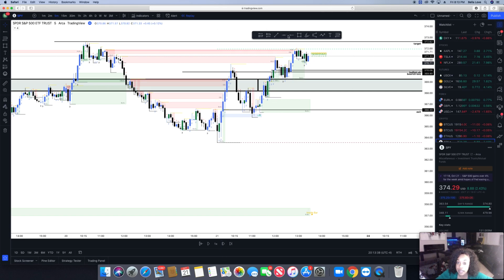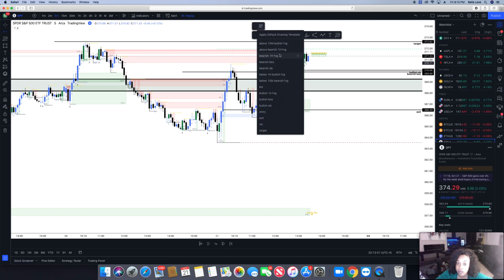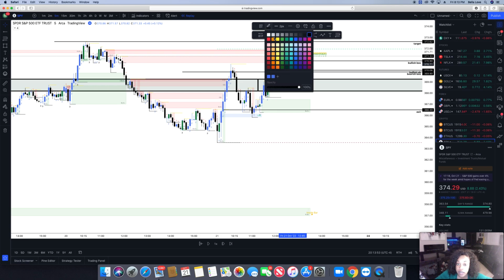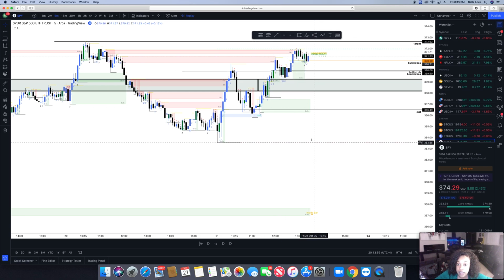You guys can see clear here. You guys can see clear how it is holding at the bullish breaker structure. And I'll turn that line yellow so you guys can see clear. Orange.